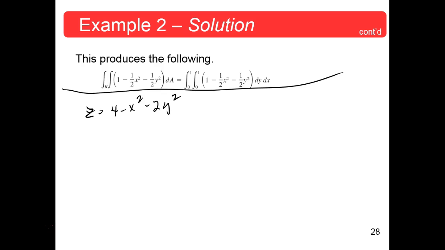We had already done that before. I'm going to do this one, but you do the same thing. Whatever your limits are, if you only know one of the limits in terms of the other, get those on the inside, and the ones you know the full outer limits for, do that last.